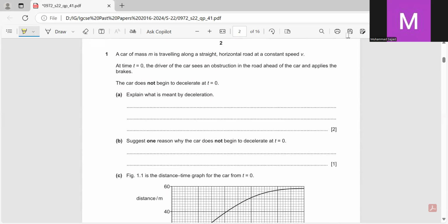And also let me tell you, this paper is comparatively harder. Why it is harder, I can tell you, if you check the grade threshold. That is 37 marks out of 80 for A grade.